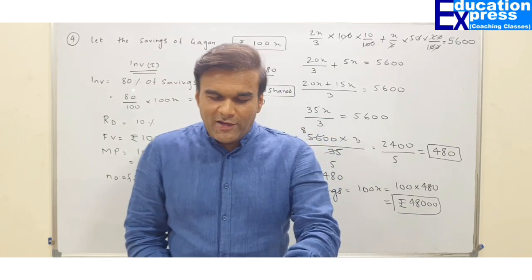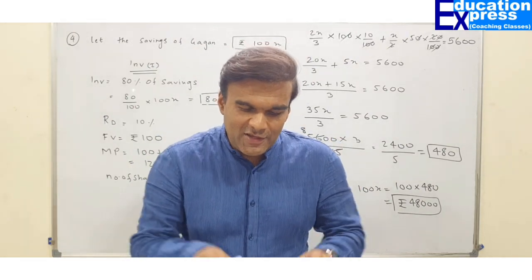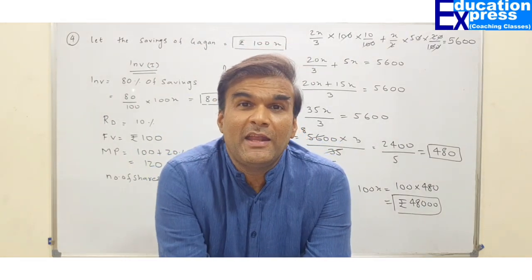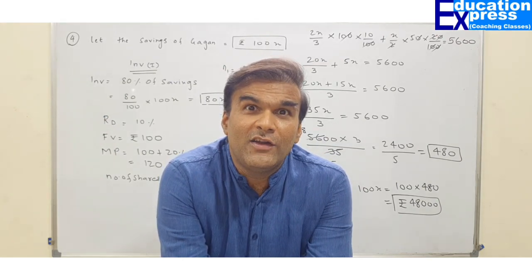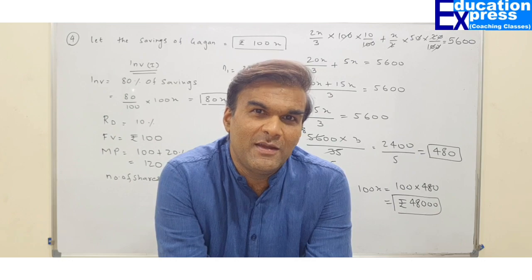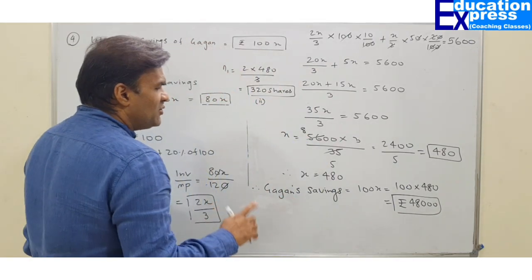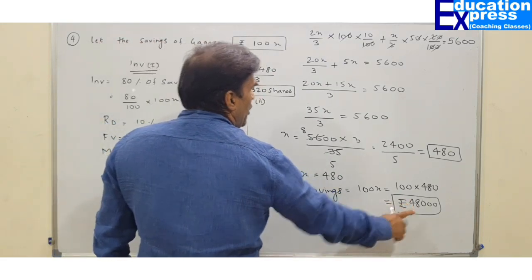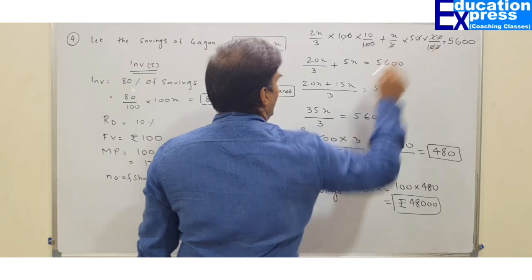Now this is quite interesting. They are expecting us to find out the total amount of return that he got on his total investment. What about his total investment? Sir, his total investment is 48,000. What about the return that he got? So he got 5600 as a total return.